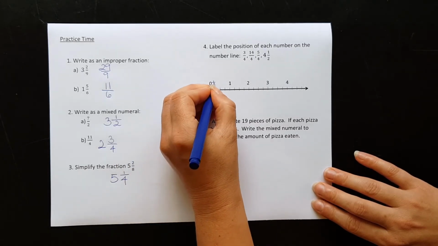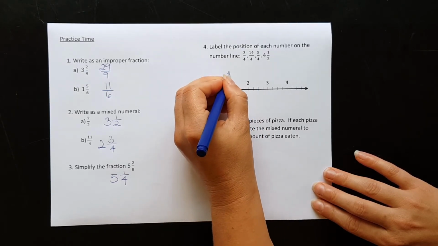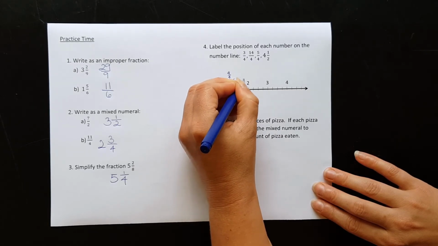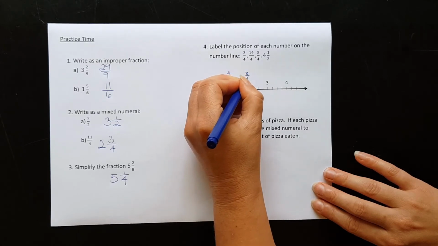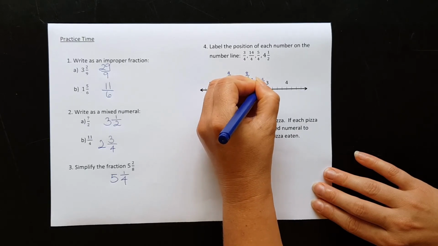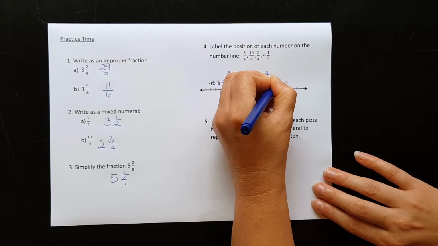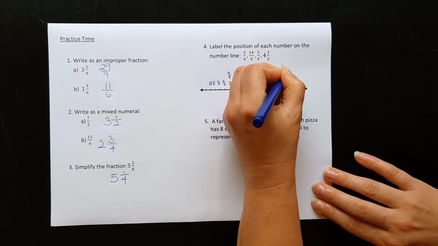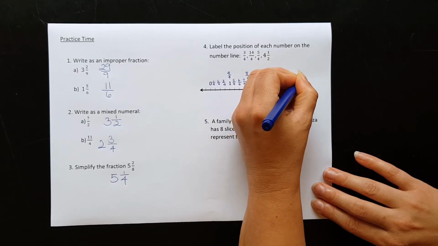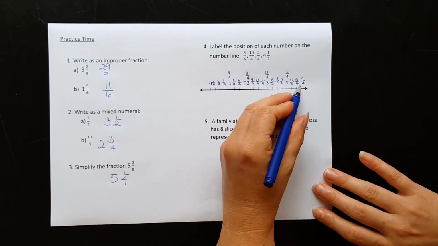So we have 1 quarter, 2 quarters, 3 quarters, 4 quarters, 5 quarters, 6 quarters, 7 quarters, 8 quarters, 9 quarters, 10 quarters, 11 quarters, 12 quarters, 13/4, 14/4, 15/4, 16/4, still going, 17/4, 18/4, might as well do the last one, 19/4. All right, so we've done all the improper fractions going up here.